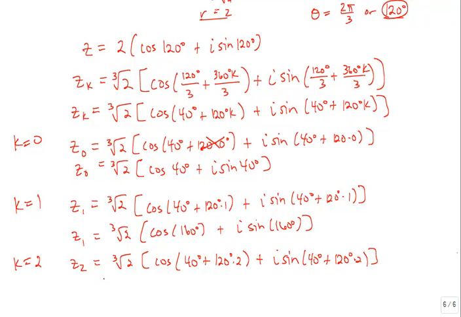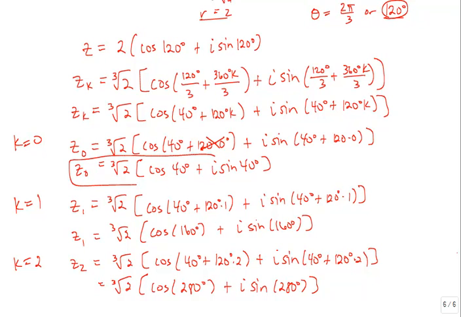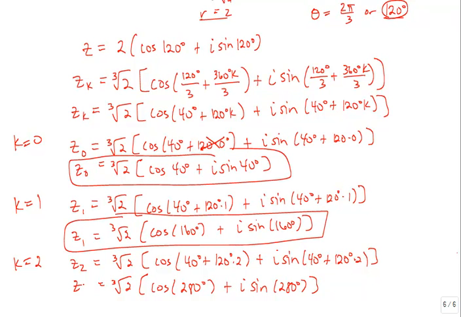So if we simplify that, we get cosine of 120 times 2 is 240, and 240 plus 40 is 280. So here's z sub 0, here's z sub 1, and here's z sub 2.